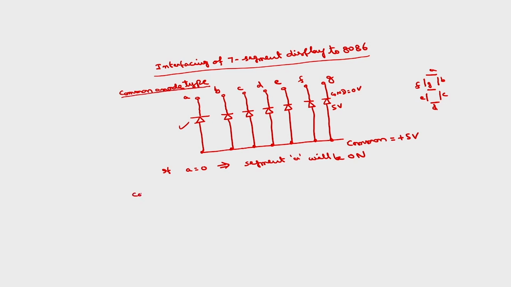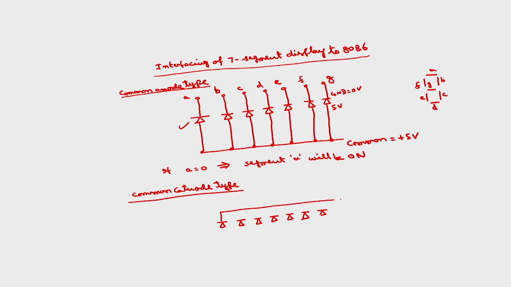In the case of common cathode type, all the cathodes will be connected together. So, all these cathodes will be connected to a common point, which has to be grounded.